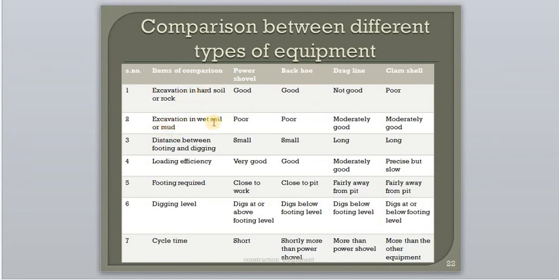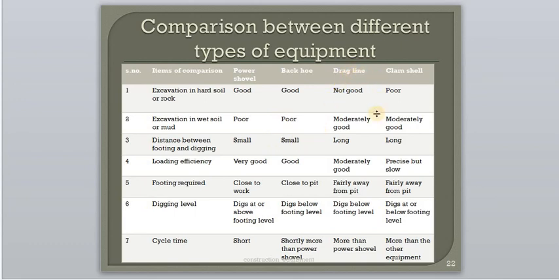Whereas point number 2, wet soils: in wet soils these first two cannot be used, but the last two can be used. Dragline can be used and clamshell can also be used. Regarding distance of travel, power shovels and backhoes can travel only a small distance from one place to another, so the excavated material is less transported.